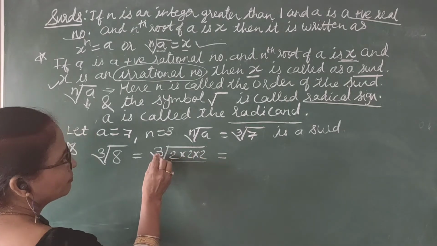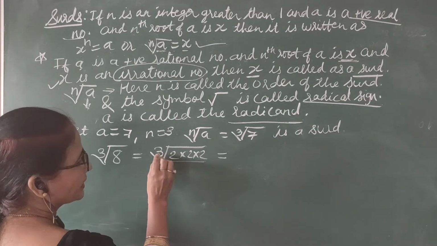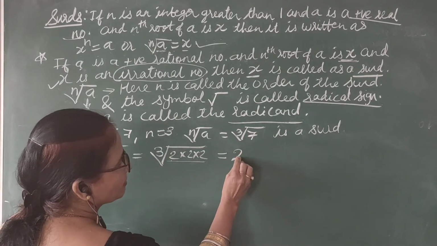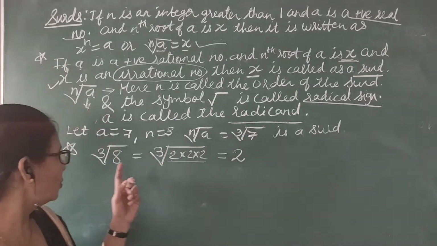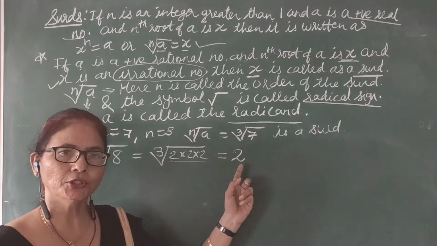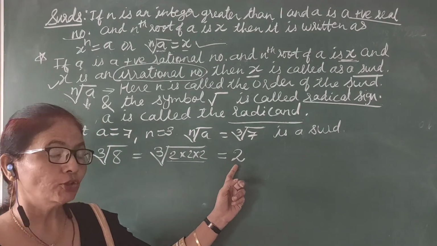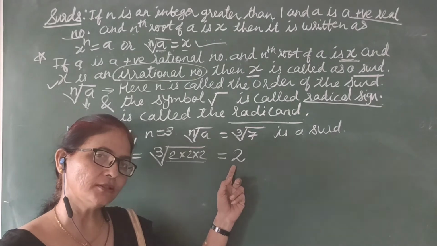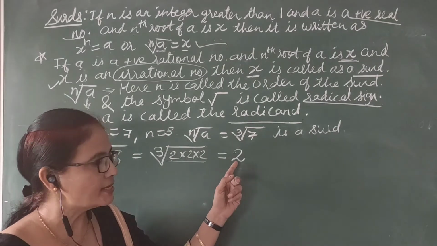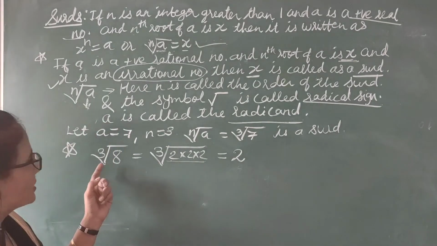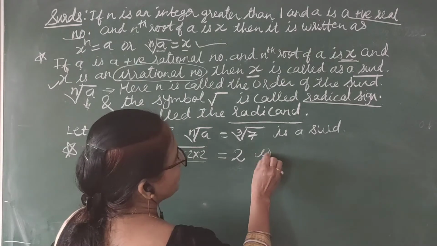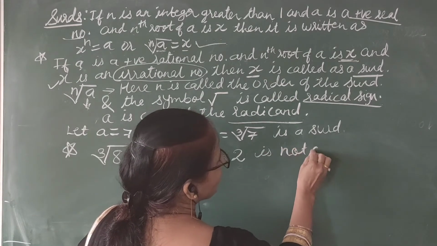So I can remove the cube root, and the answer will be 2. You know cube root of 8 is 2. Now tell me, is this 2 rational or irrational? 2 is a rational number. So as 2 is a rational number, this example is not a surd.